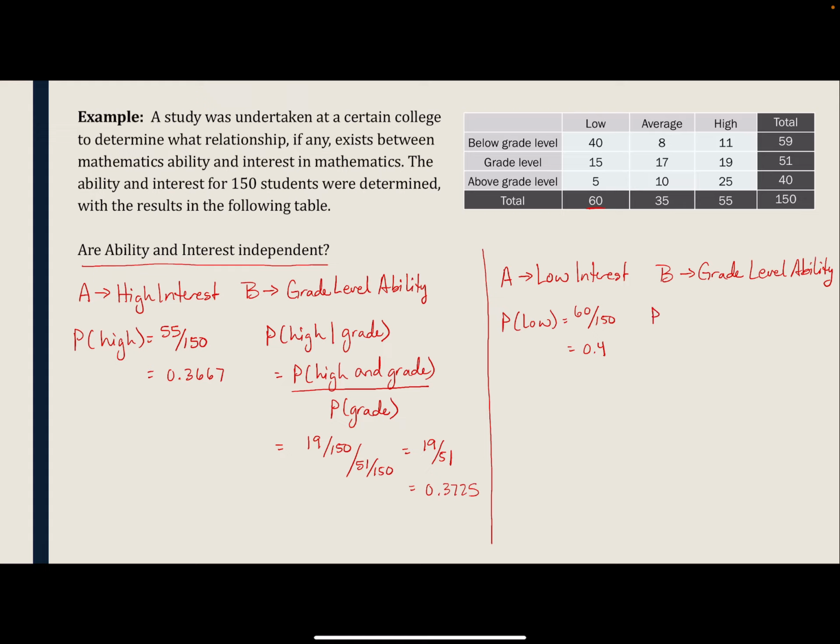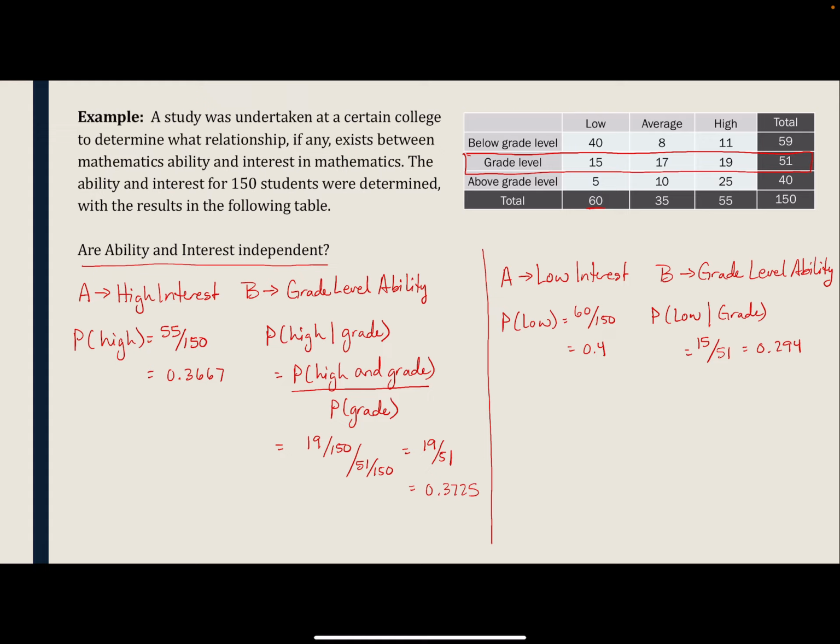The probability that a student has low interest given grade level ability, I'm going to forgo the formula right now. I'm looking only at grade level ability. And so I know this is out of 51, and out of the 51 students, 15 of them have low interest. And 15 out of 51 is 0.294.